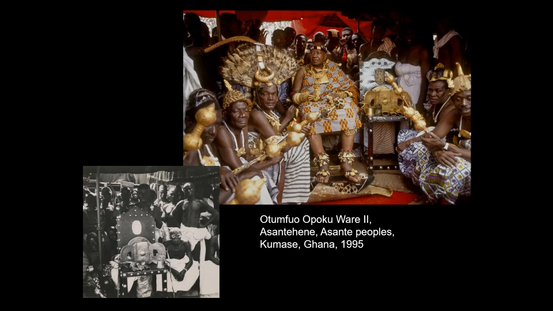And according to tradition, Akomfu Anokie, who was the high priest and one of the chief founders of the Ashanti peoples, had the stool descended to him from the sky. And he caused it to descend from the gods, and it landed on the lap of the first Ashanti king, Osei Tutu.